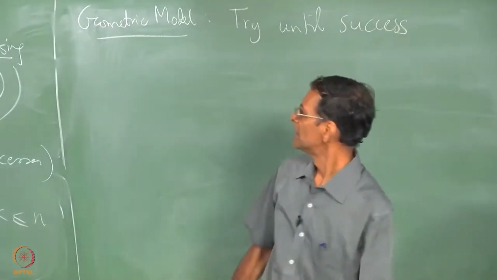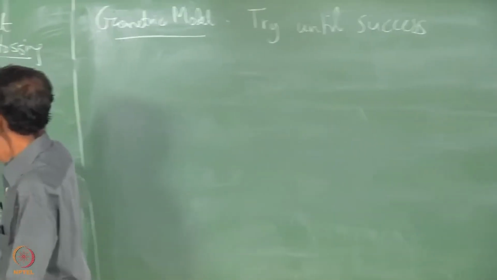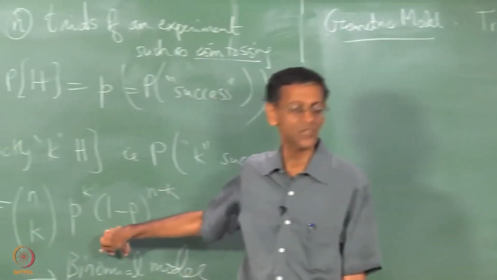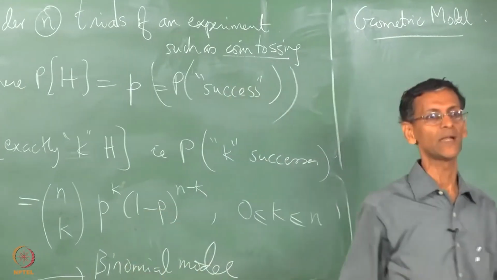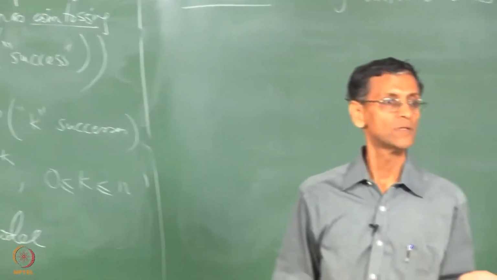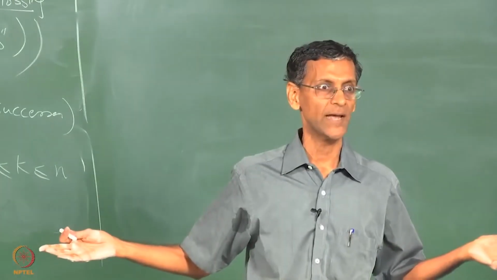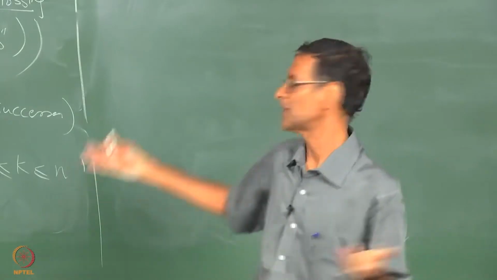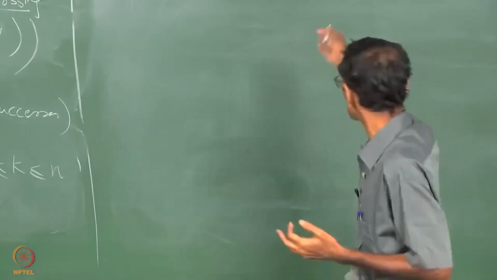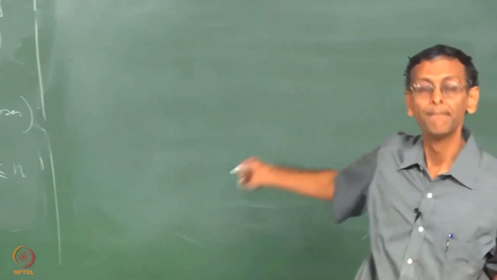Here again, independence of the trials is very much used. The product of these terms is crucially dependent on the independence assumption. Each trial is independent of any other trial. So the probability of a success followed by a failure is p into 1 minus p, that is obviously built in. The same concept we are going to use here.